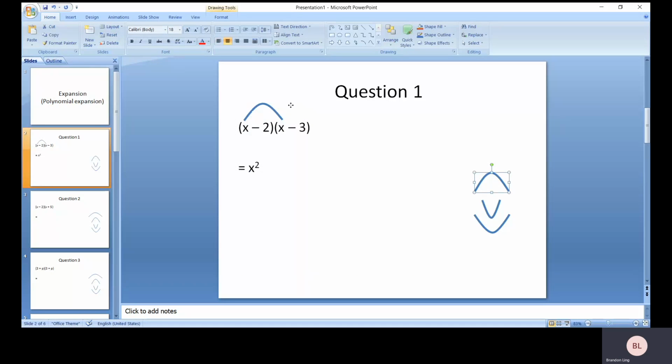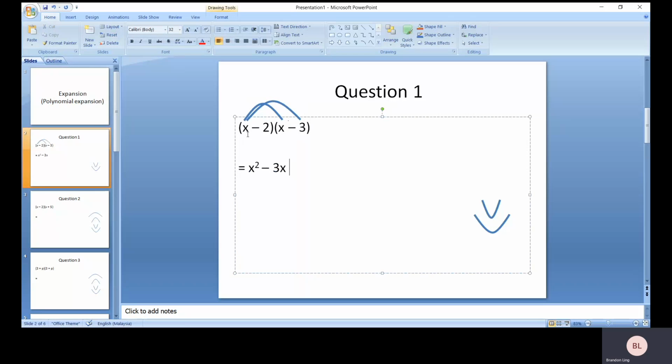The next step will be taking this x multiplied by negative 3. So first, you multiply x with x to get x squared. The next one will be x multiplied by negative 3. Therefore, you are getting negative 3x.